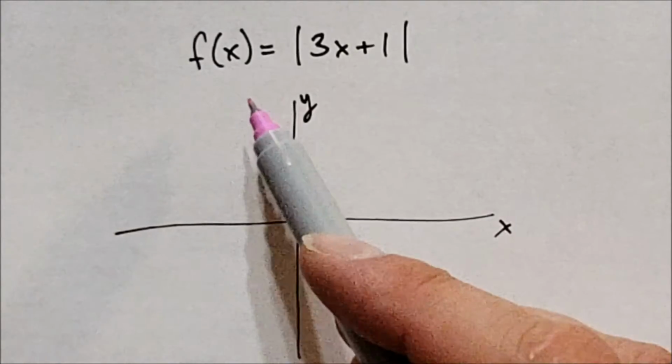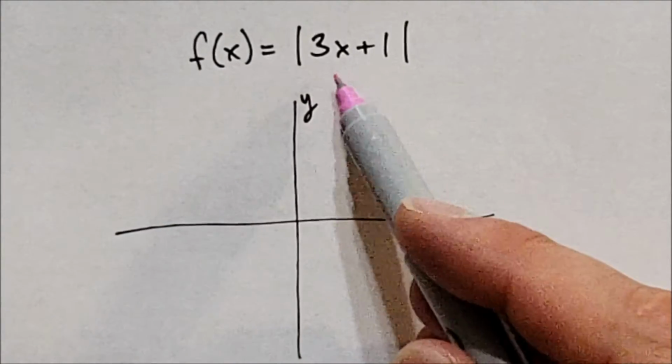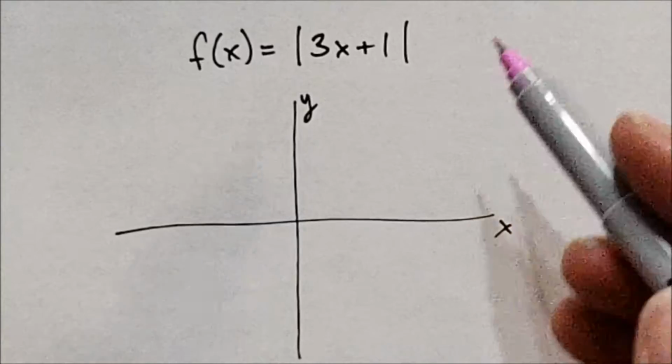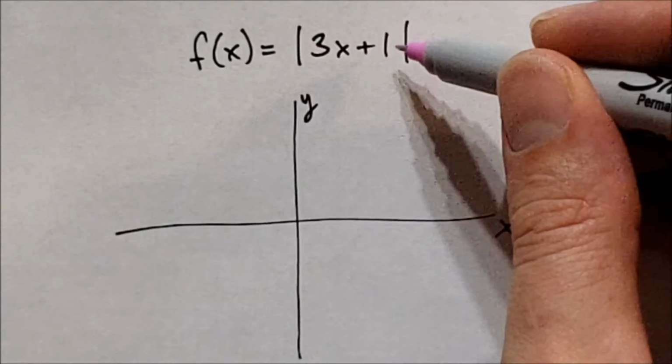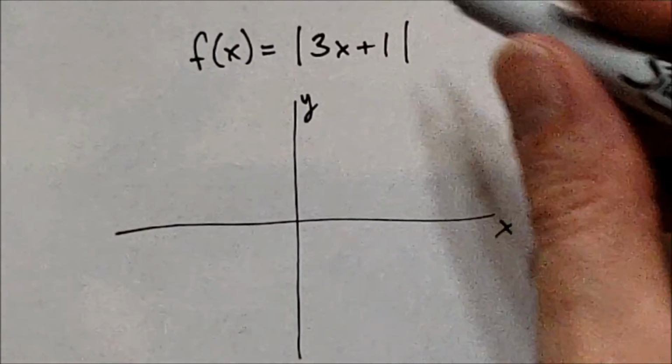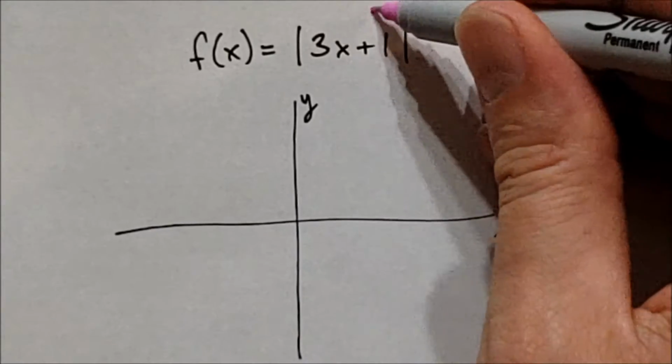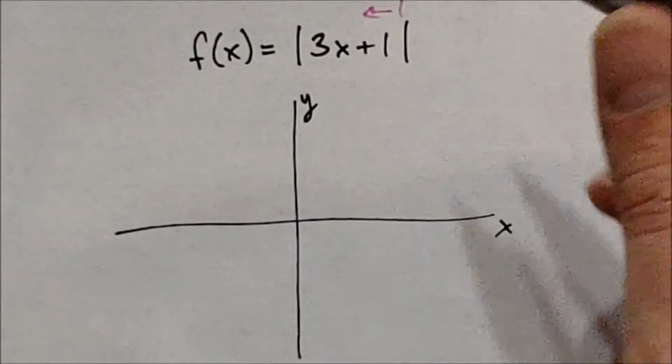Our last example, f of x equals the absolute value of 3x plus 1, is graphed similarly. Inside the grouping symbols, or the absolute value bars, there's a +1, so we're going to move it to the left 1 spot.